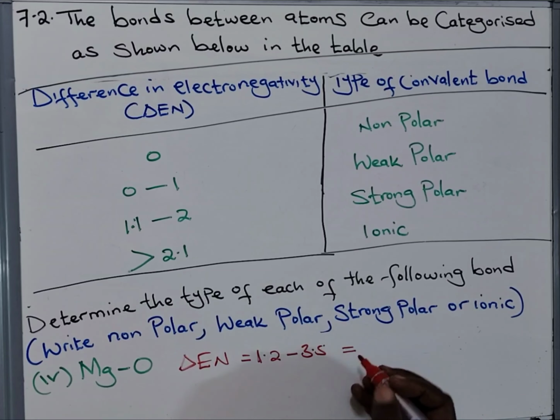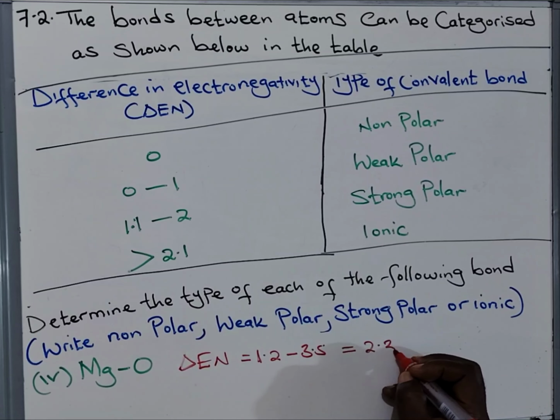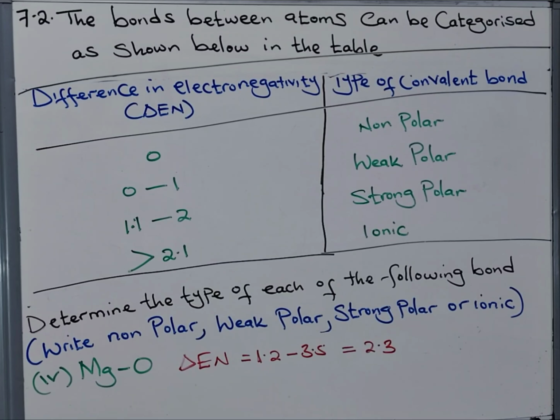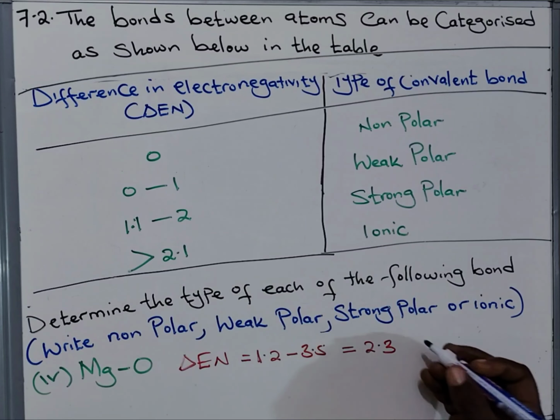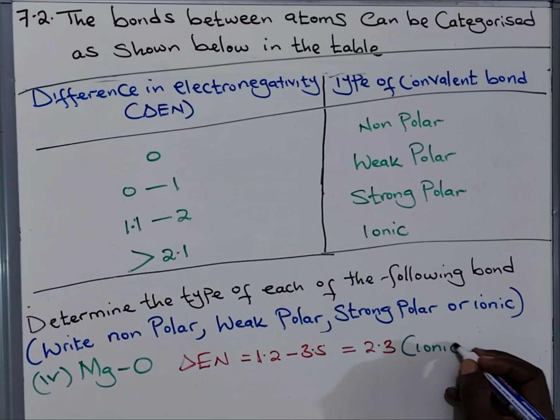What you get is a difference in electronegativity of 2.3. Now 2.3 belongs to which category? It belongs to the last one, because this one is greater than 2.1. And what is it? It is ionic.